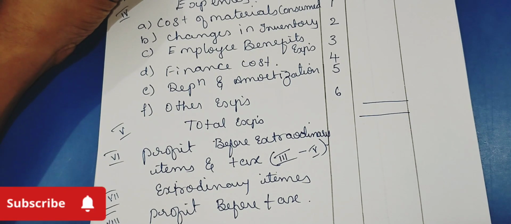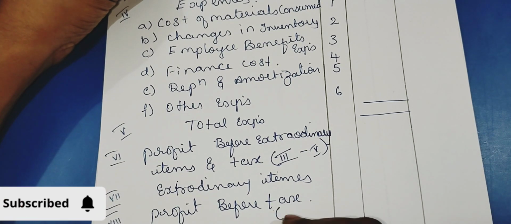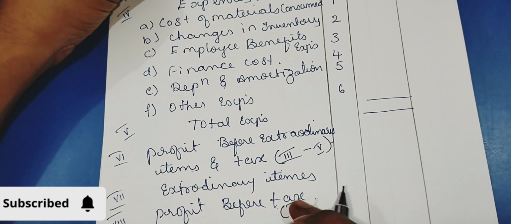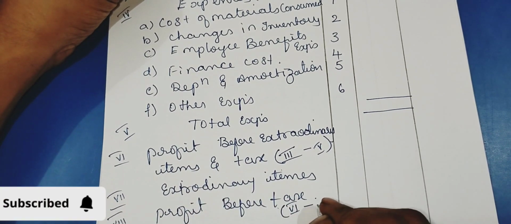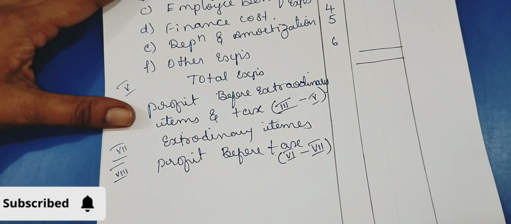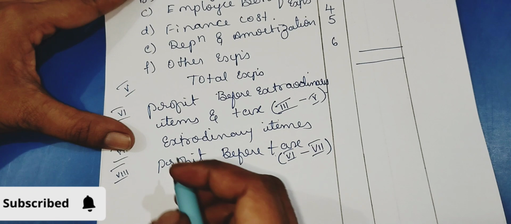The sixth amount, that is profit before extraordinary items and taxes, we are deducting the extraordinary items. Okay. Then we will get profit before tax. Now tax.